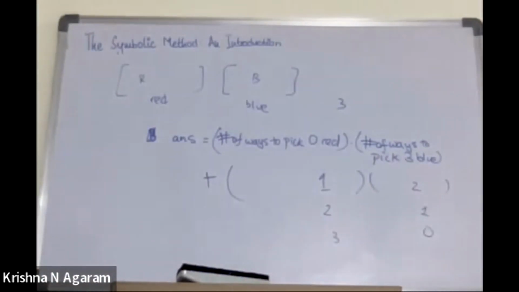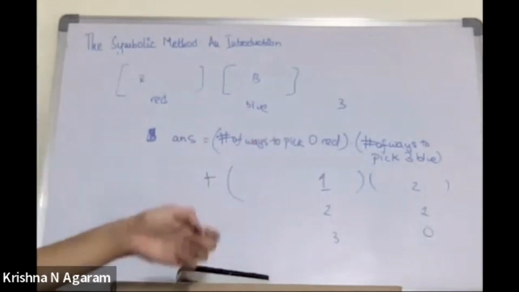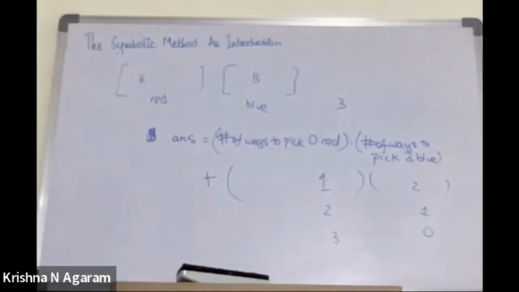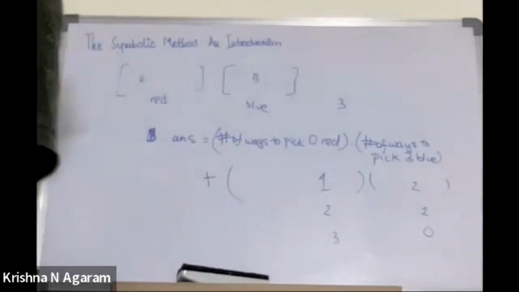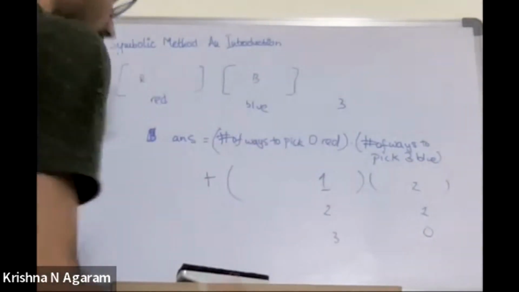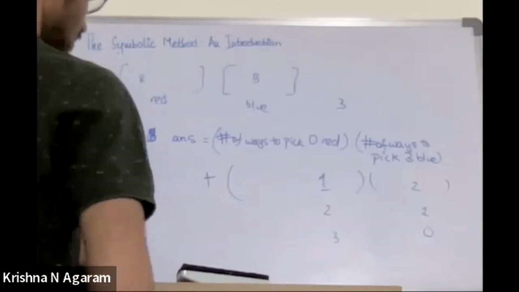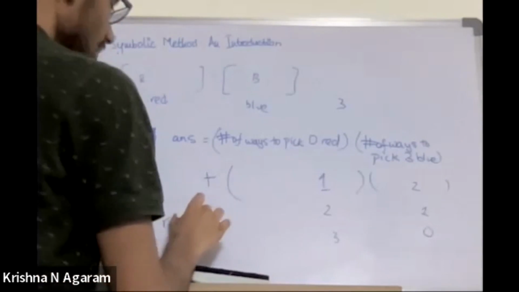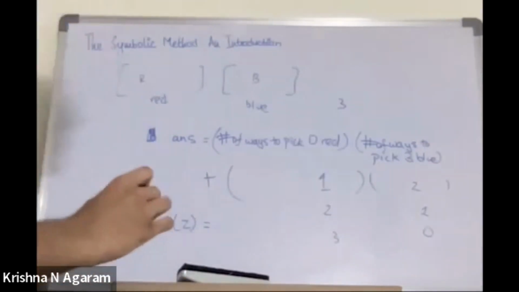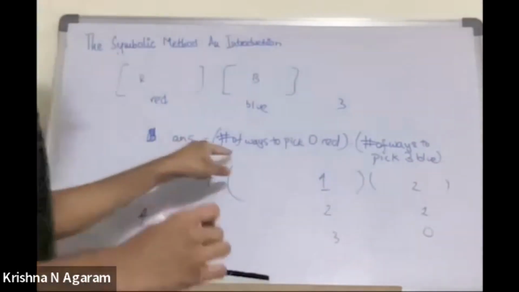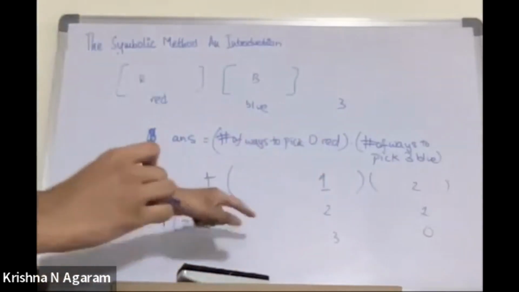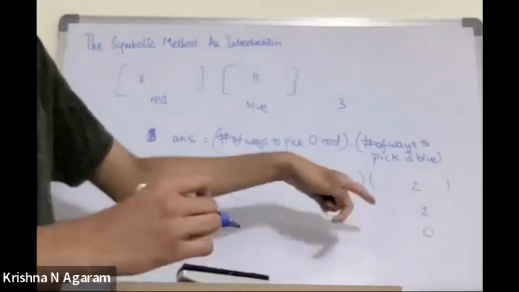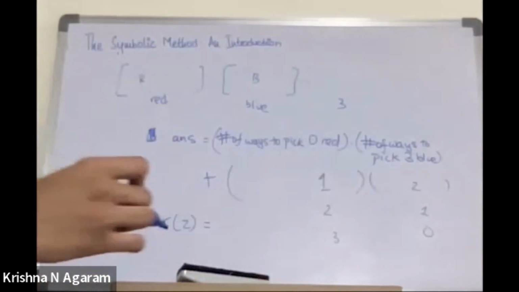This looks really similar. It's the same thing as the product of generating functions, product of formal series. So in essence, if I had a formal series R of z, which had its coefficients where the first coefficient was the number of ways to pick 0 red, and the second coefficient was the number of ways to pick 1 red, and so on.